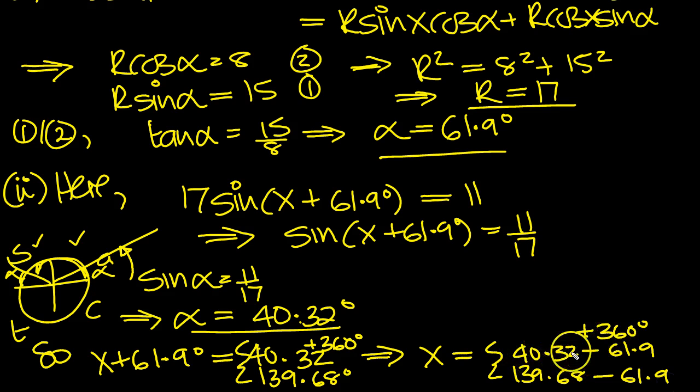We added 360 because this was a negative angle, and we're looking for solutions for x between 0 and 360. So if we add one full turn, we get the corresponding angle in the correct range.